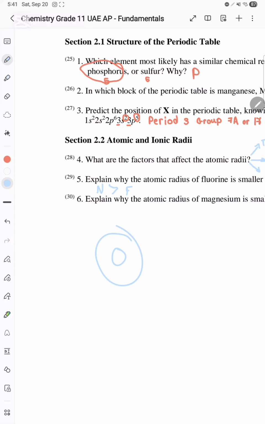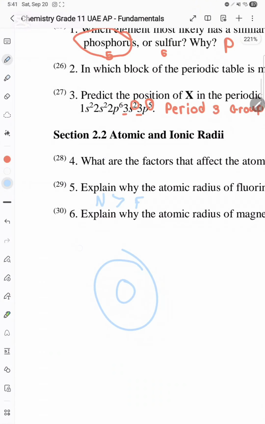Fluorine though has more protons, because fluorine is number 9 and nitrogen is number 7. Since fluorine has more protons, it has a higher nuclear charge. So the greater the nuclear charge of any atom, the more it pulls its electrons closer to its nucleus.